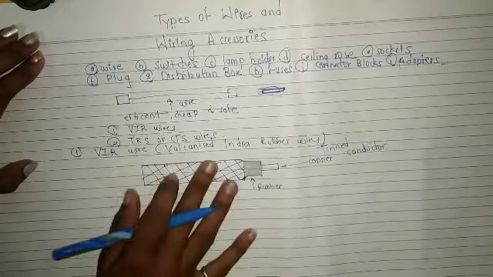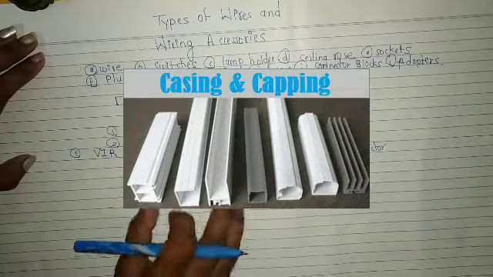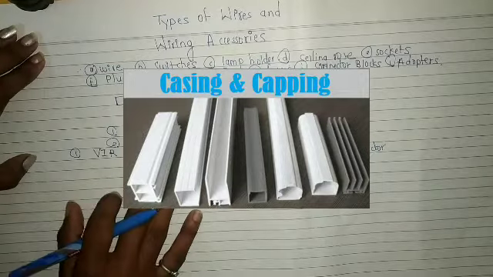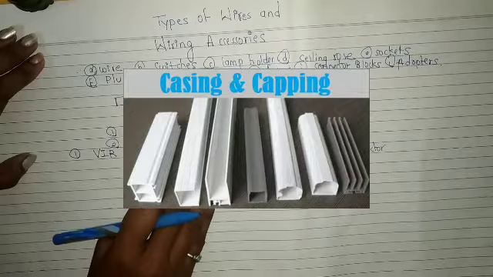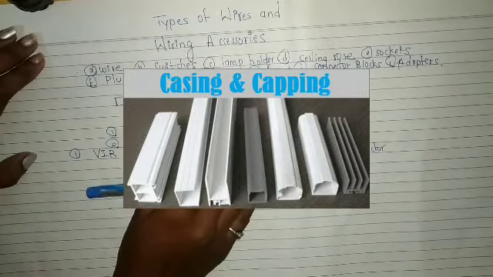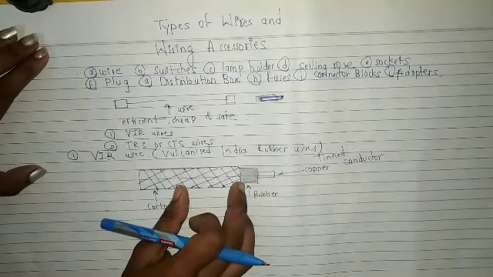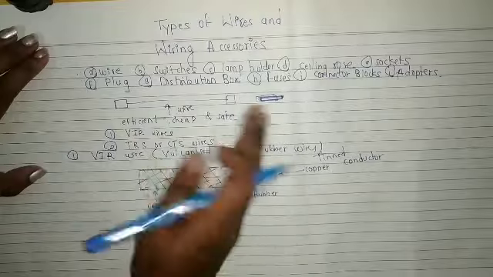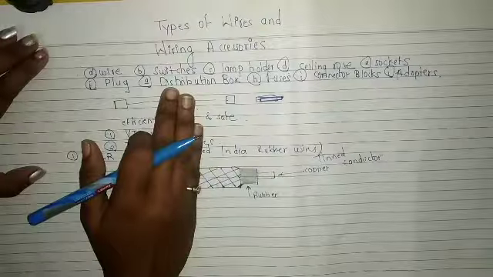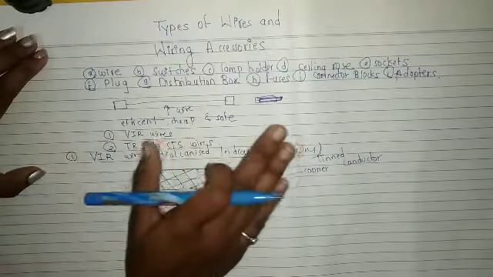So what is casing and capping wiring? Insulated wires, that means VIR wires, are placed in plastic casing. Okay, I will insert the image. You can see from that image. There is plastic casing and our insulated wire is placed in that plastic casing and covered with a cap. So the name is casing capping.